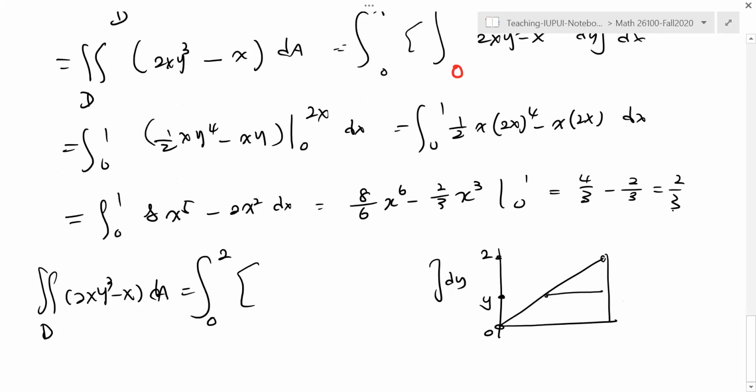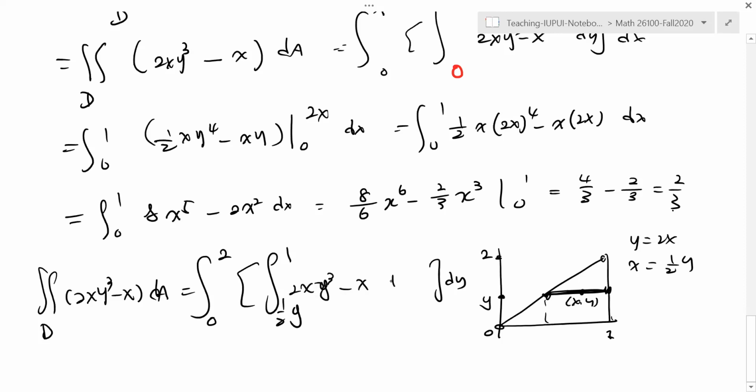And for each fixed y, you look at the horizontal line. So now I have a point on this line. What is the lower bound for x? What is the upper bound for x? The upper bound for x is 1, but the lower bound for x should be expressed in terms of y. Because this line is y equals 2x, x is going to be half of y. So x goes from half of y to 1, of 2xy cubed minus x, dx.